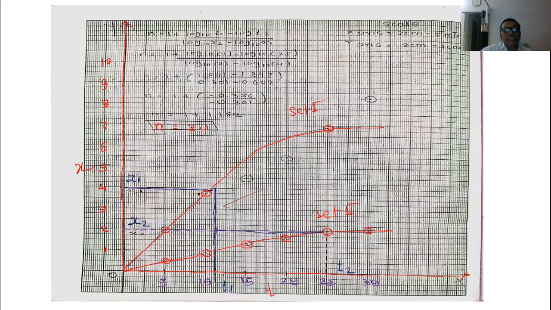So you can see here, with the help of this, a curvilinear type of nature of the graph. So we are getting the x1 value here.